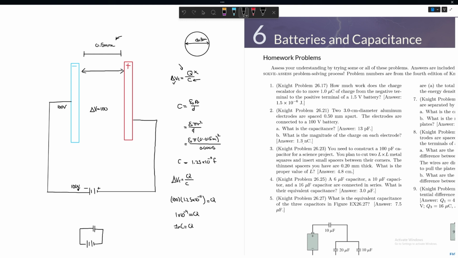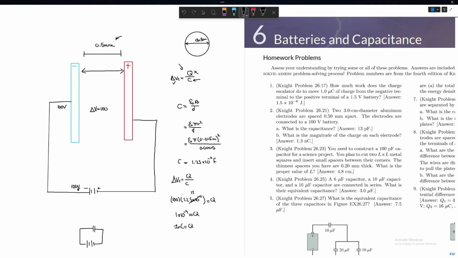Now they did get 1.3, which I think is rounding. I'd assume because they probably use 13 for this. I could try to use 13 instead, so let's see, 1.3 times 10 to the negative 11 times 100.